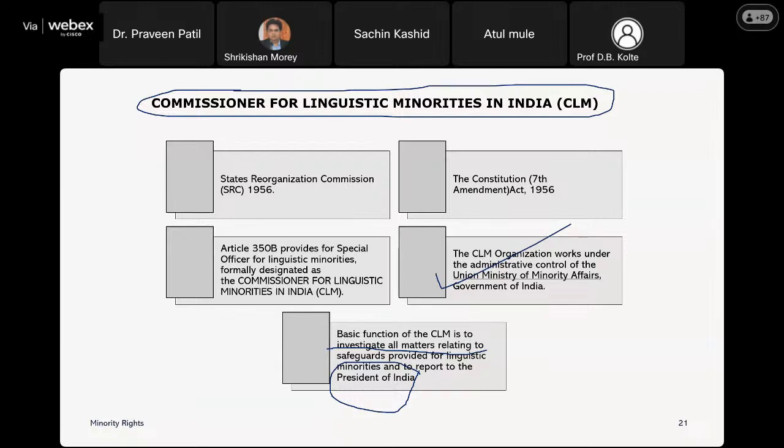And when I was making this presentation, curiously, I was looking into the Belgaum issue. This commissioner has visited Belgaum many a time, only to make sure that the Marathi-speaking people in the Belgaum district do not suffer from unreasonable and unwarranted interference by the state of Karnataka.